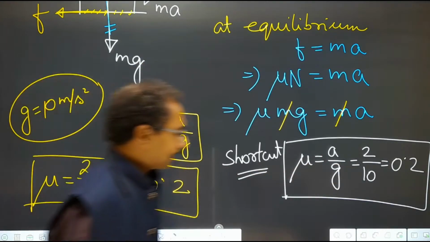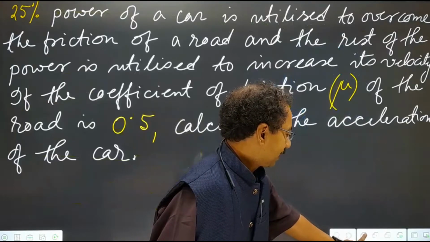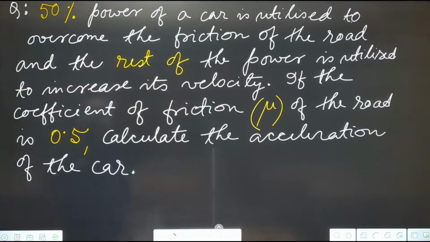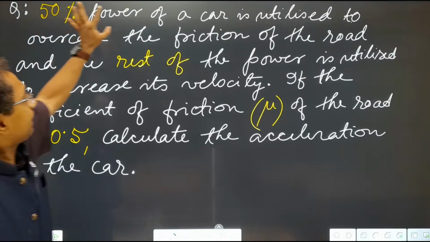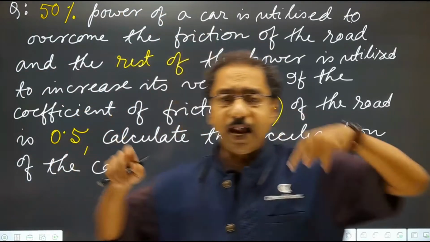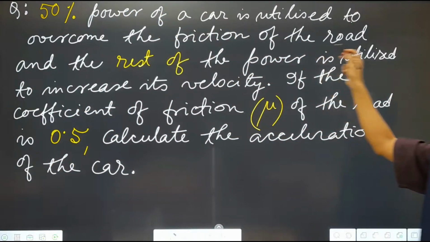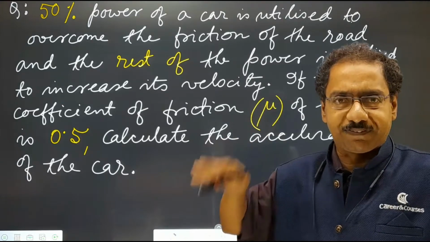Let us come to another application. If this one is clear, let us come to another one. This is also a very important type of question, where it is given that 50% of the power of a car is utilized to overcome the friction of the road. It's a very rough surface.